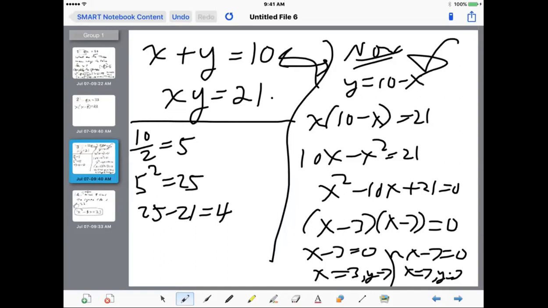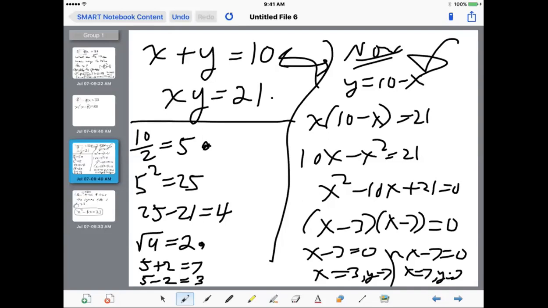Step 4 is to take the square root of that difference. And step 5 is to add this original number, half the sum, and the square root that you just got. And that gives us one of the answers. And subtract those two numbers, and that gives you the other answer.